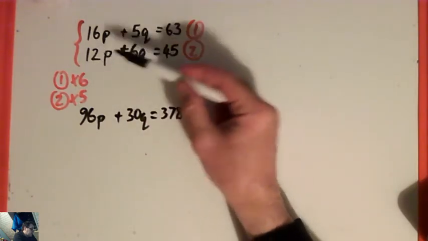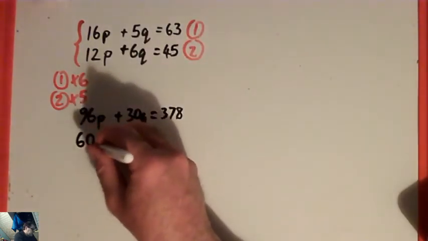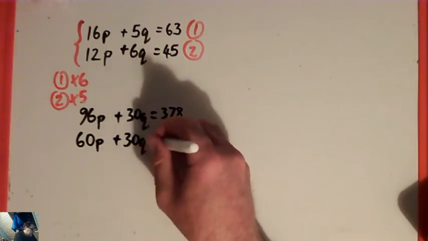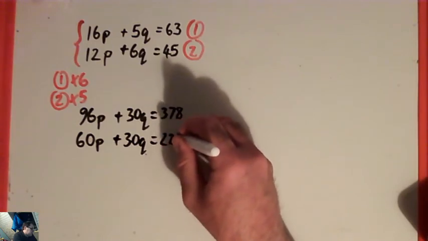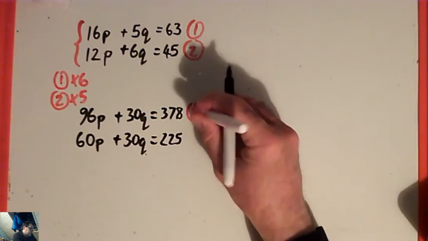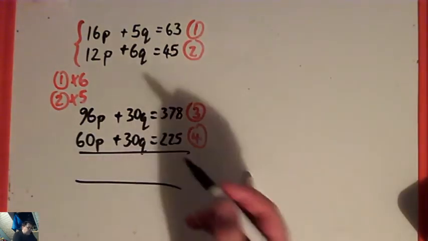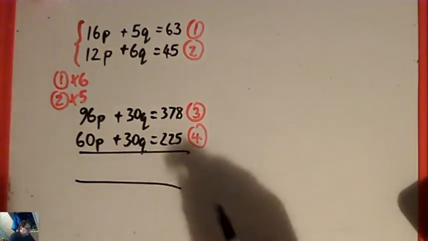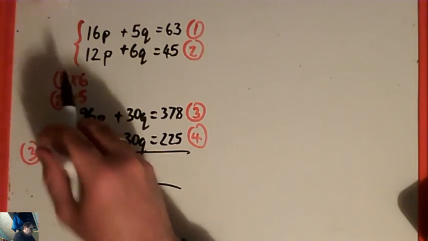So 12p plus 6q equals 45 is going to become 60p plus 30q equals 45 times 5, 225. So I'm calling those equations 3 and 4. And I've achieved what I set out to, which is to have the same amount of q in both equations. So I can subtract whole equations, equation 3 minus equation 4.